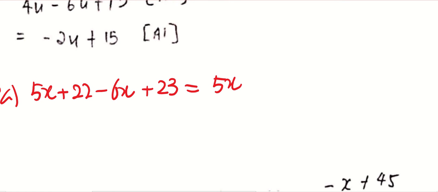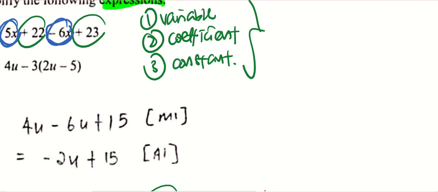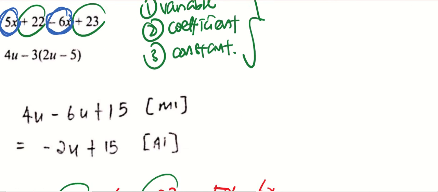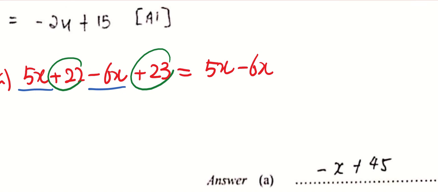So I'm just going to group all the x terms together. In this case, 5x minus 6x. Then I'm going to group all the numbers, the constants, together. Sorry, did I copy the question wrongly? No. Okay, so I'm just going to put them together, plus 22 plus 23. The sign does not change.